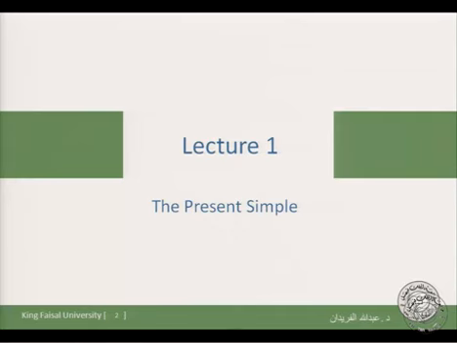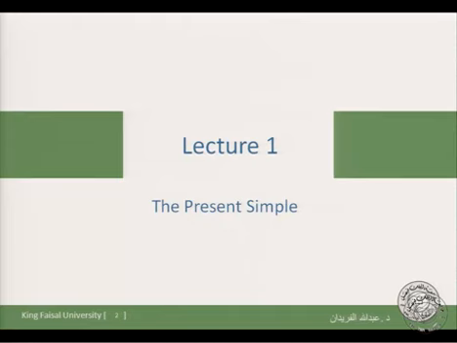The present simple, المضارع البسيط. In English we have this tense أو الزمن. We have in English different tenses. We have present, past, and future. المضارع والماضي والمستقبل. Like in Arabic.